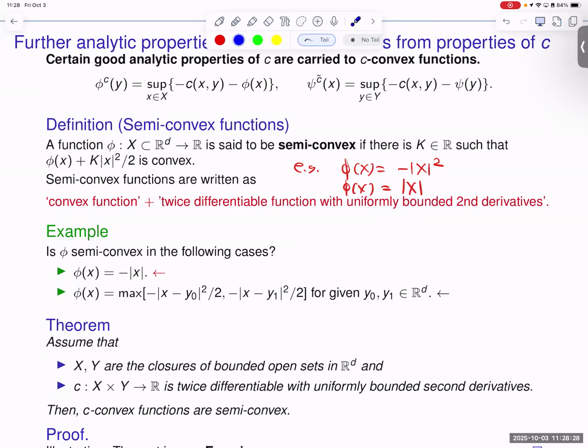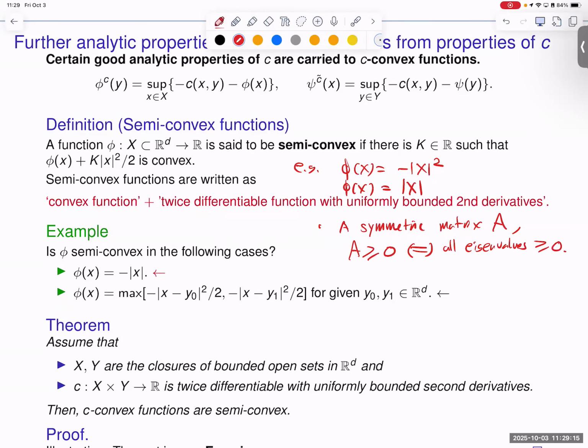Quick question. Yes. So for a convex function, when you write that the Hessian should be greater than or equal to 0, is it just the eigenvalues of the Hessian that need to be non-negative? Yes, right. For a symmetric matrix A, A being non-negative is the same as all eigenvalues being non-negative.